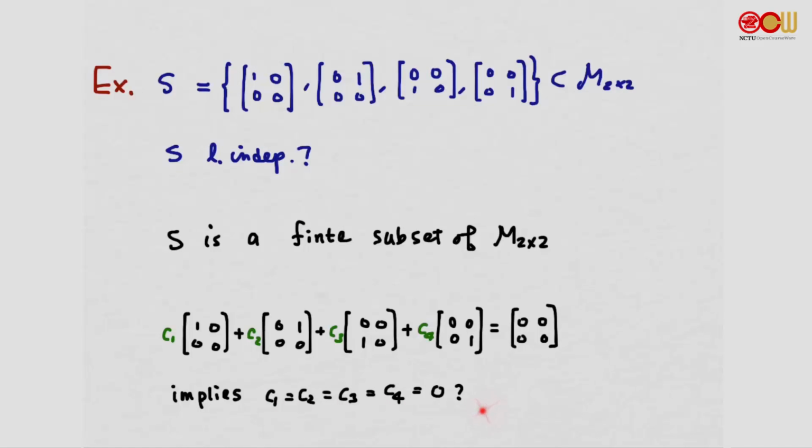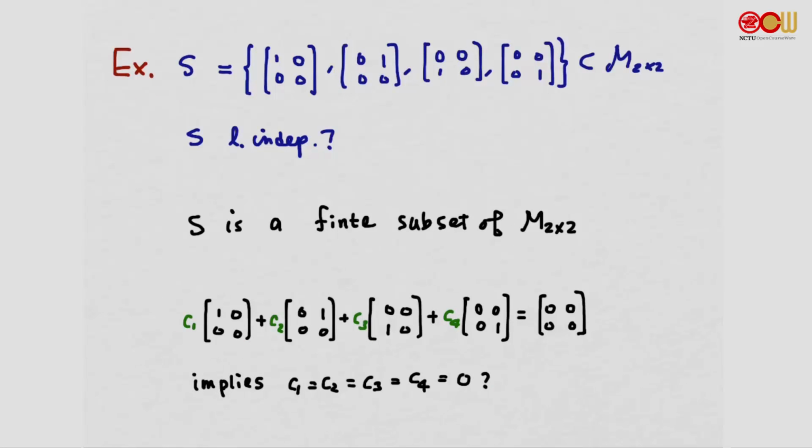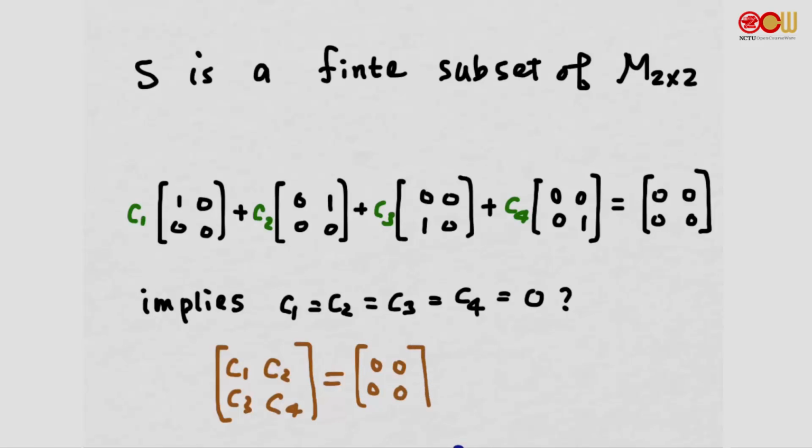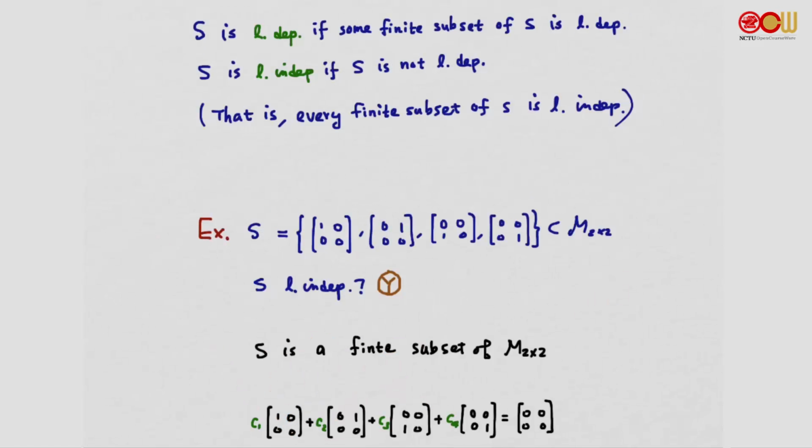If it does, then S is linearly independent. So is S linearly independent? If we add up the left-hand side, we get C1 here, C2 here, C3, and C4 equal to the 0, 0, 0, 0 right-hand side. So it does imply that all the coefficients are equal to 0, and S is linearly independent.